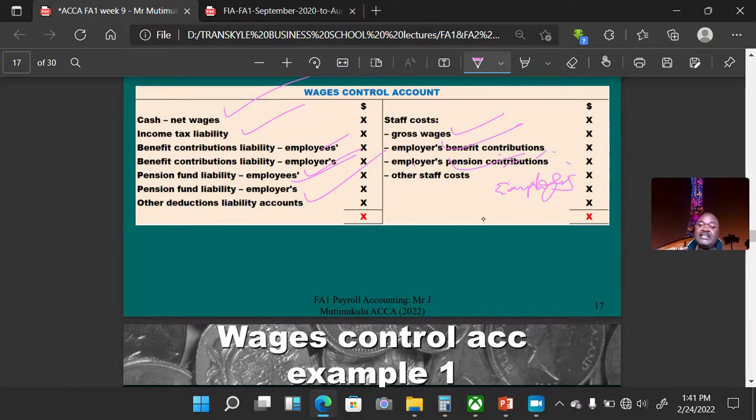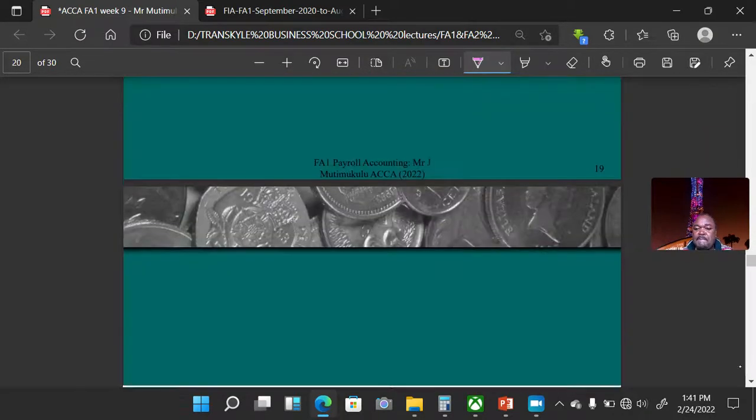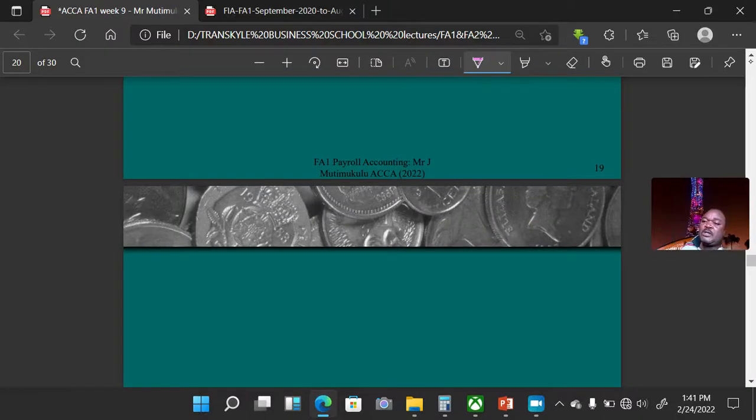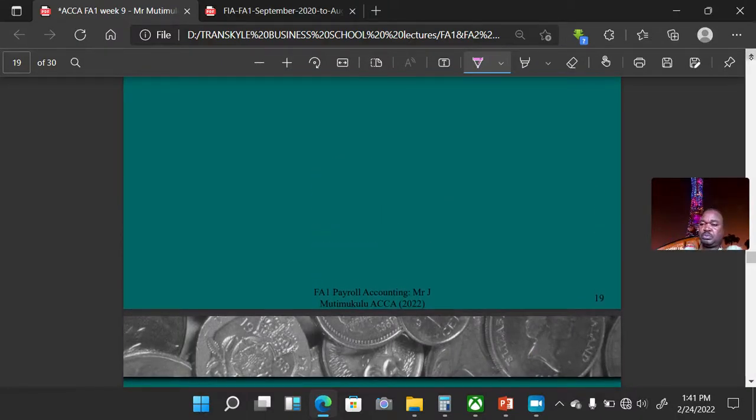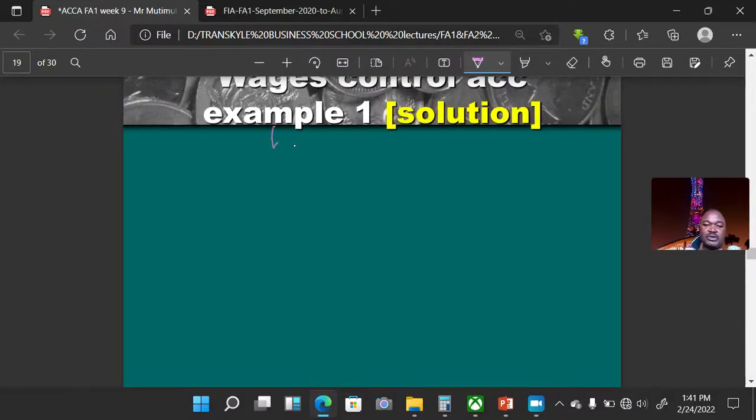Like I said, on this side go the gross wages and the employer's contributions, be they for the benefit contributions as well as for pension obligations.